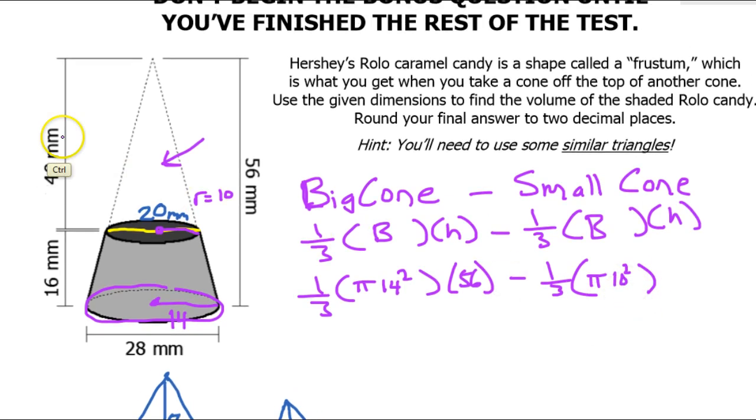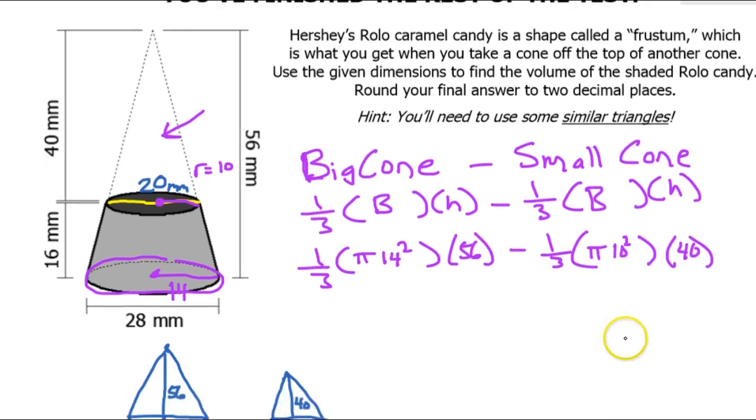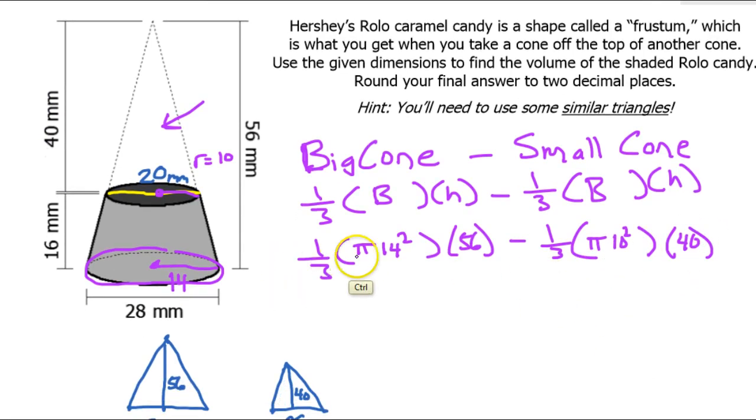Now the height of the small cone is right here. It's 40. Now really, I could type this entire thing in my calculator all at once, and that should be the answer to the question. Maybe I'll show it both ways.